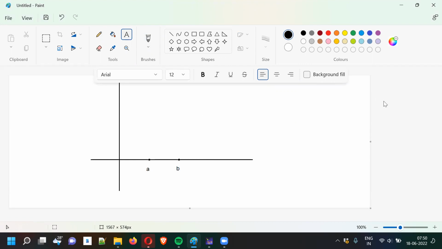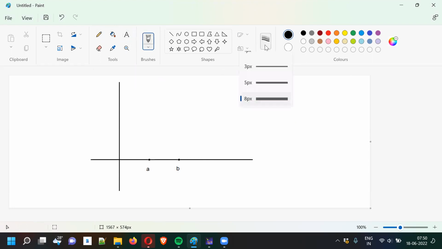Now, how will you construct a plus b? It's extremely easy. This is the origin. From the origin, I can take a compass and measure the distance to the point a.